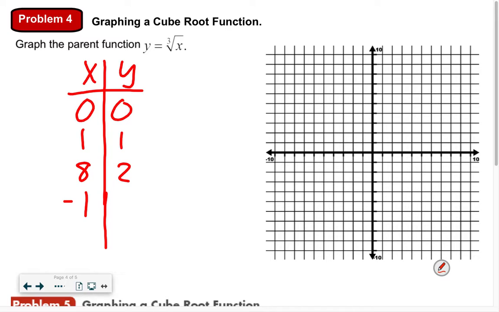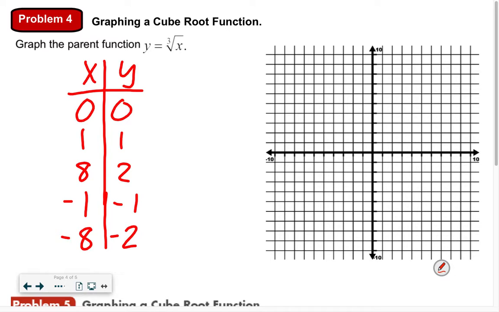Negative 1. What if I took the cube root of negative 8? Negative 2. So before, you can't take square root of a negative. That's why we don't have any negatives. You can take cube root of a negative, okay?